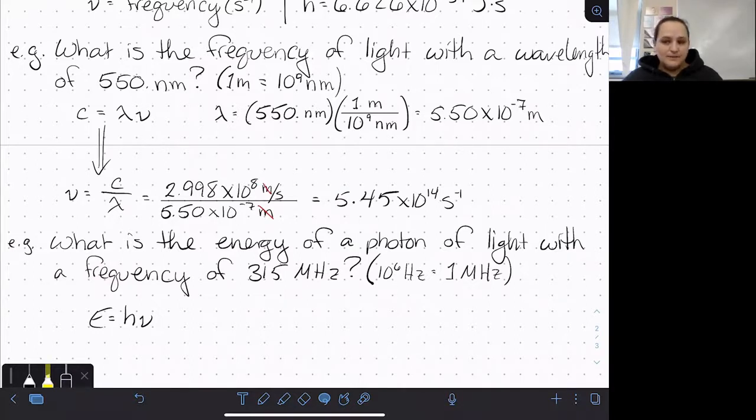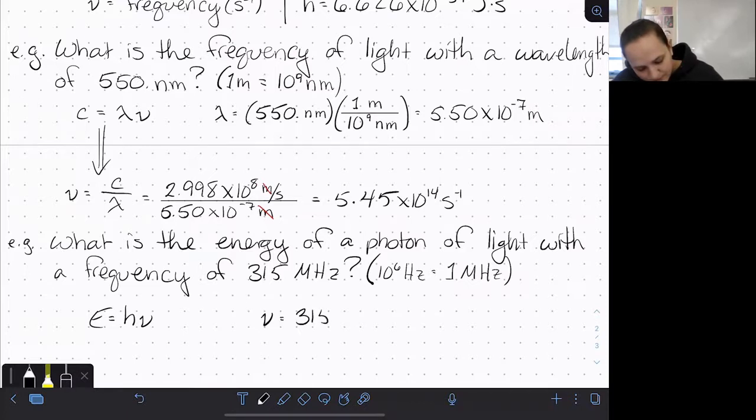V is our frequency. We do need our frequency to end up in hertz here, since our Planck's constant, or H, is in joule seconds. We need the frequency to be in inverse seconds so that those cancel out, and we get units of joules. So we're going to need to convert our frequency.